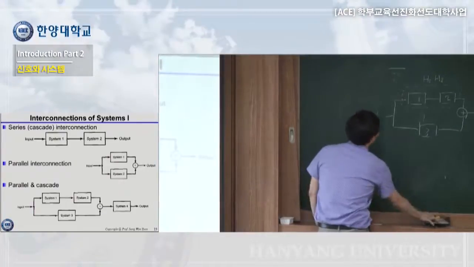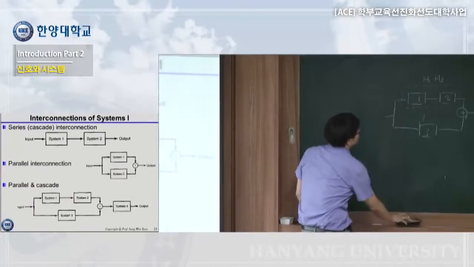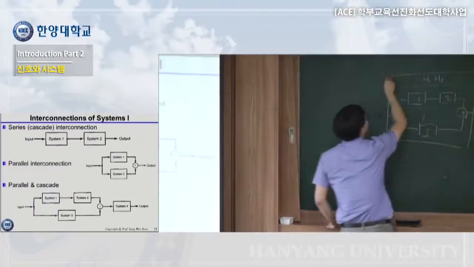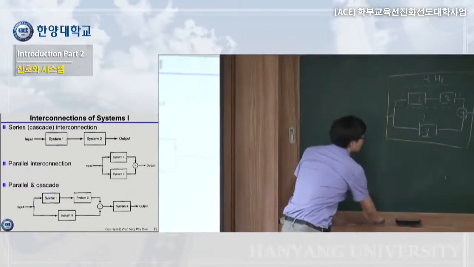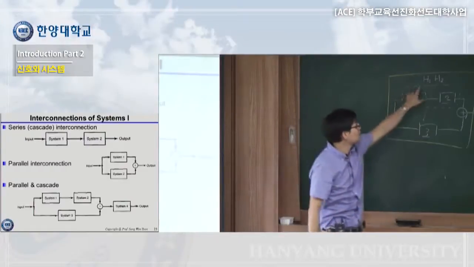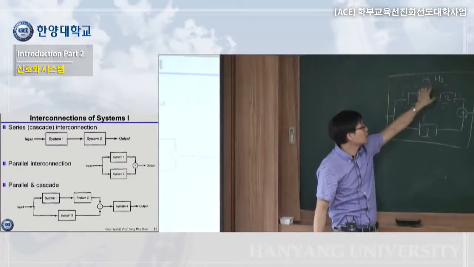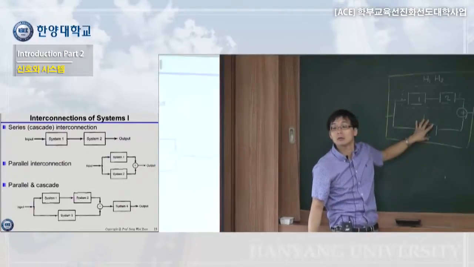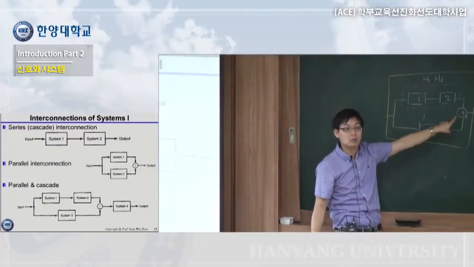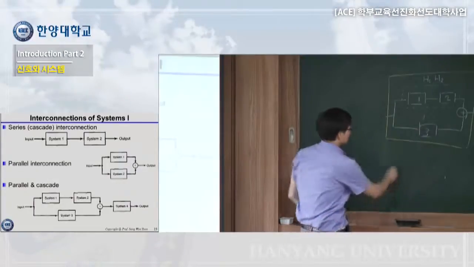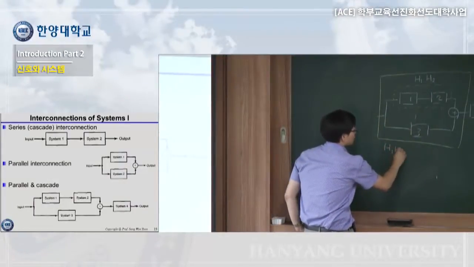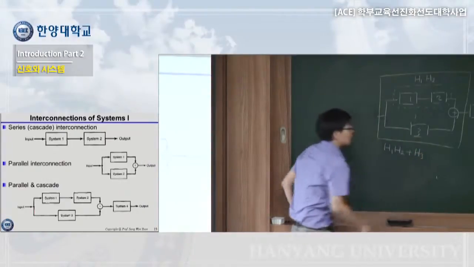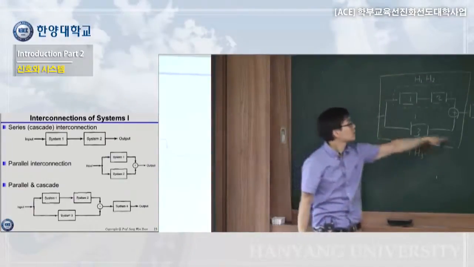And what about the system function in here? We have this one: H1, H2, and H3 are parallel, and they are added. So we should add them. So H1 times H2 plus H3 will be the transfer function in this solid line.